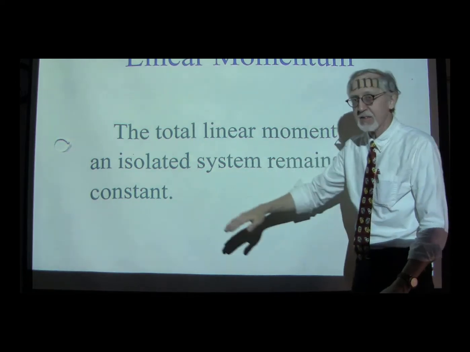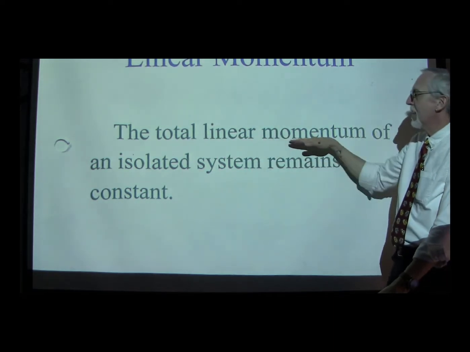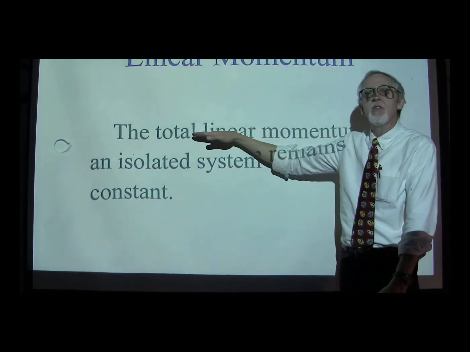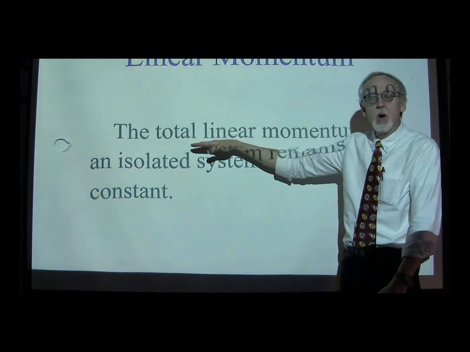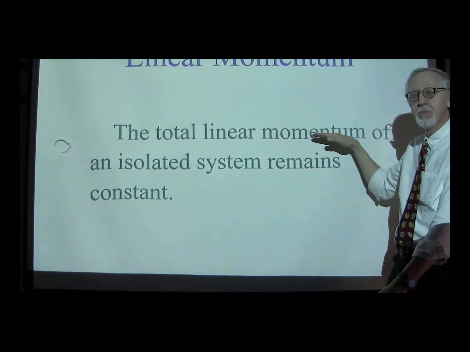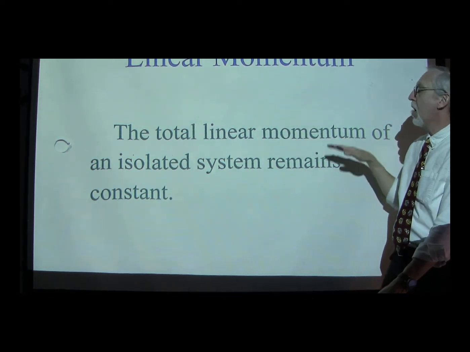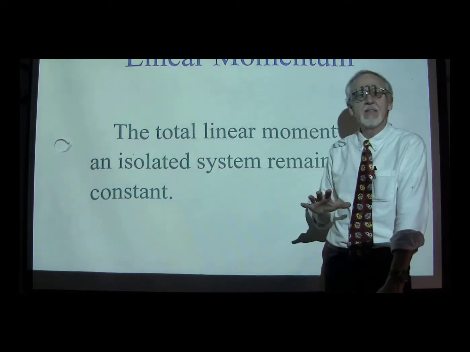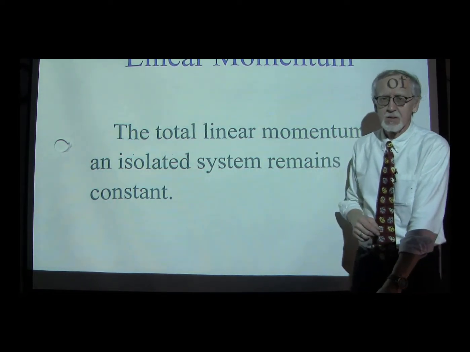That's an isolated system. As long as we have an isolated system, the total linear momentum, in other words, the sum of the momenta of all of the objects, say P1 plus P2 plus P3 plus P4, as many as we have, always remains constant. It does not change. This is a very, very amazing result.